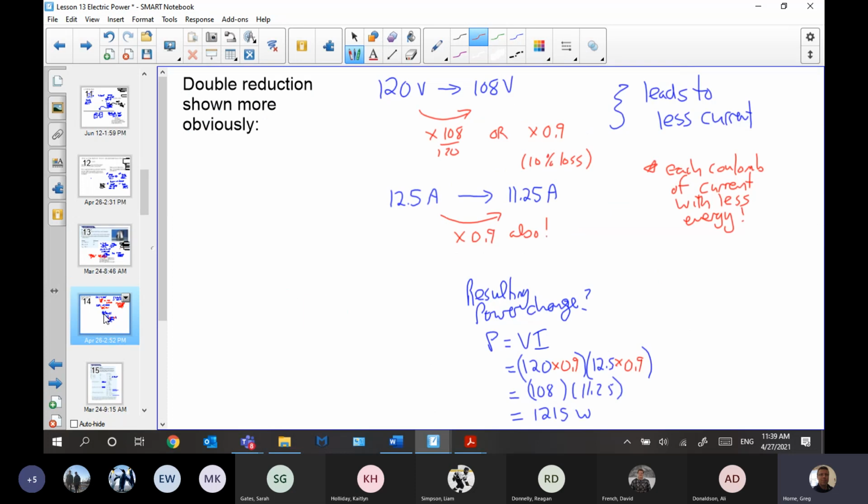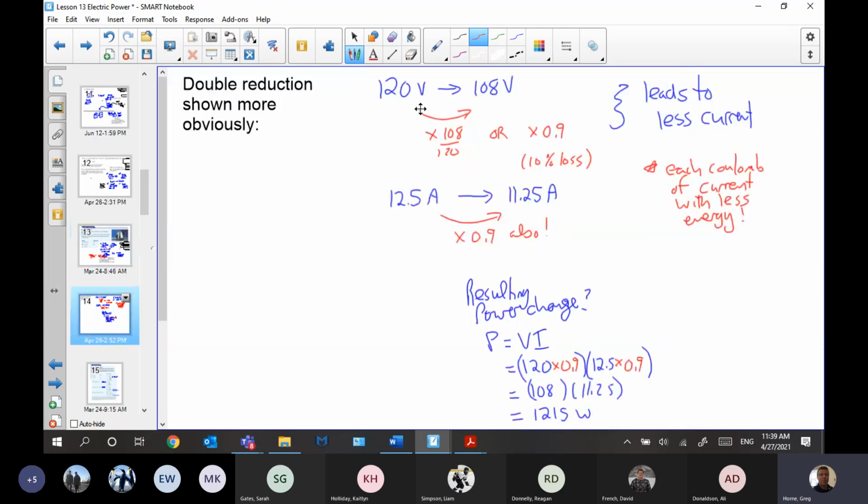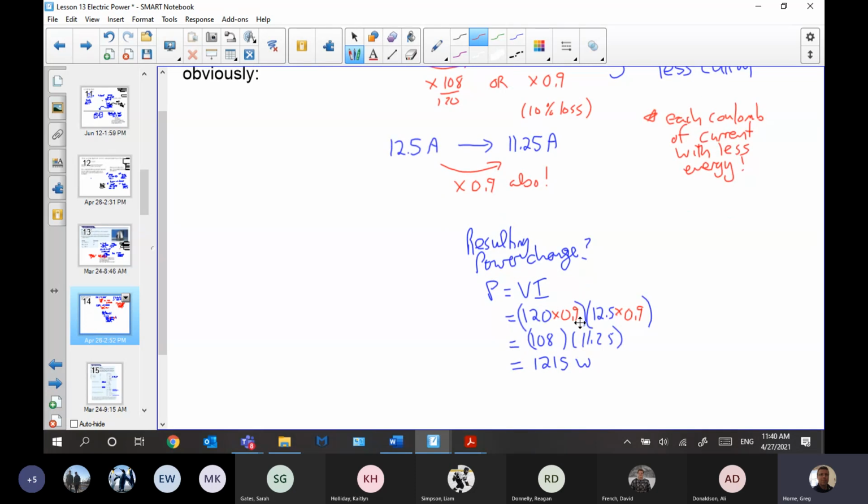Okay. Just a note about this double thing here. Like you can see the voltage is 0.9 is what that works out to. This is similar to that ratio work that I showed you earlier on, right? If we want to know what multiple that is, second divided by first. So it's times 0.9, which means 10% less, right? So we've got 10% less voltage, resulting in 10% less current, as well as the energy they have is 10% less. So you've got a double 10% drop.